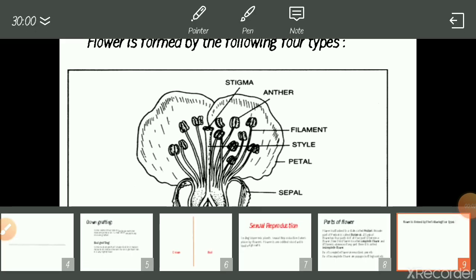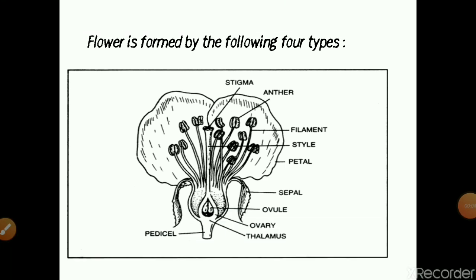A typical flower has 4 parts: first calyx, second corolla, third androecium, and fourth gynoecium. The flower which has all 4 parts is known as a complete flower, and a flower which lacks any one part is known as an incomplete flower.